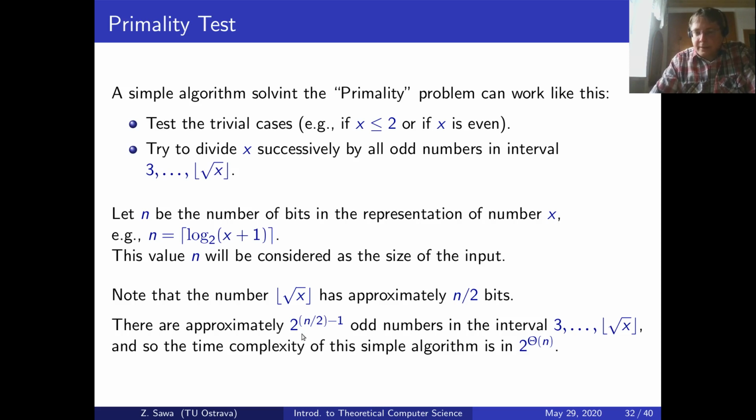So using this straightforward algorithm, even with these small improvements, is still exponential with respect to the number of bits. It's slightly better than the completely trivial algorithm, but not so much. What is important is that this is still exponential, that the running time still grows exponentially with the number of bits.